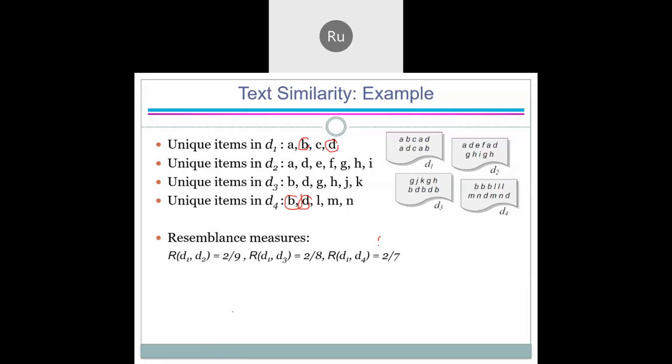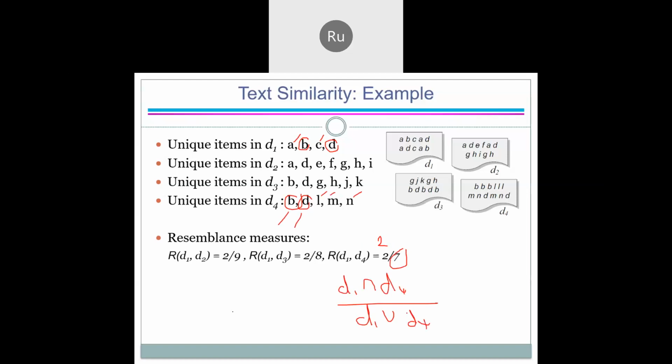That's why we have 2. And then how many unique terms in both? Initially we have B and D, 1, 2, then 3, 4, 5, 6, 7. That's where the 7 comes from. Because we have this formula: D1 intersect D4 divided by D1 union D4.